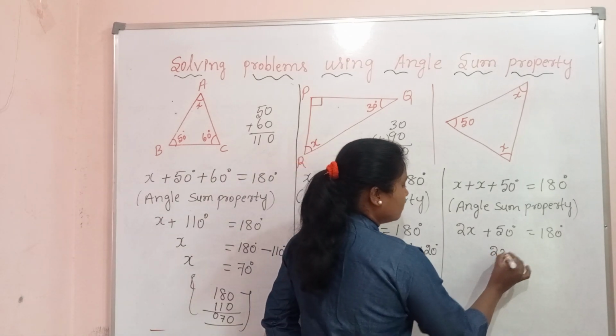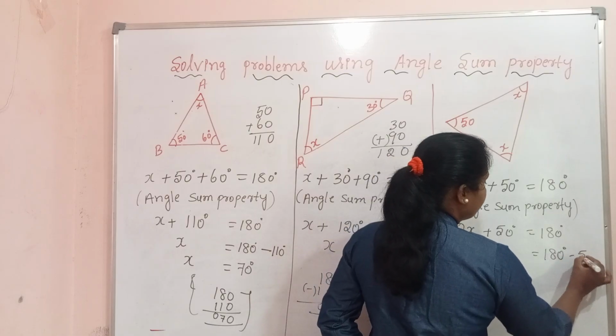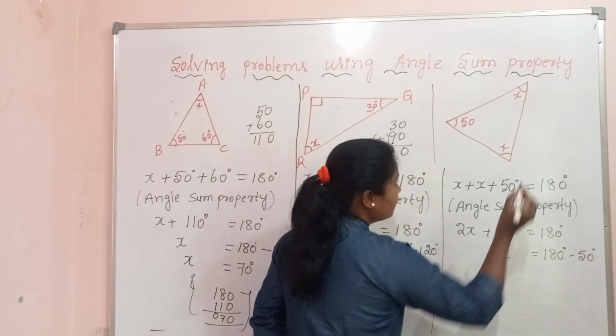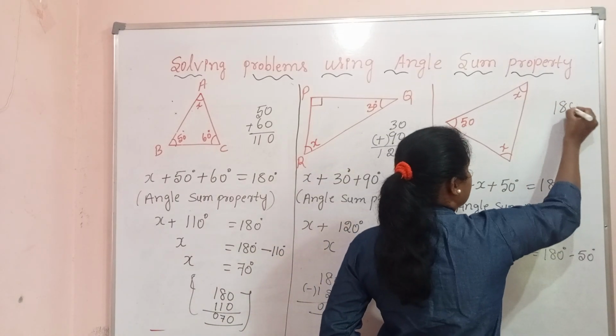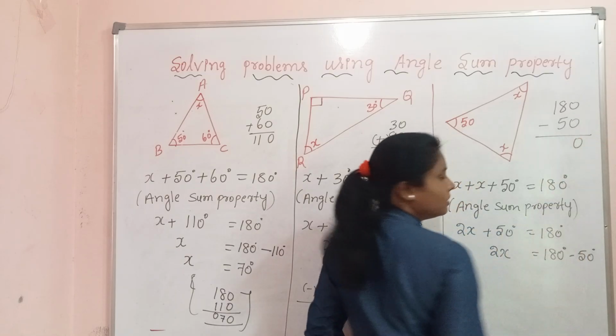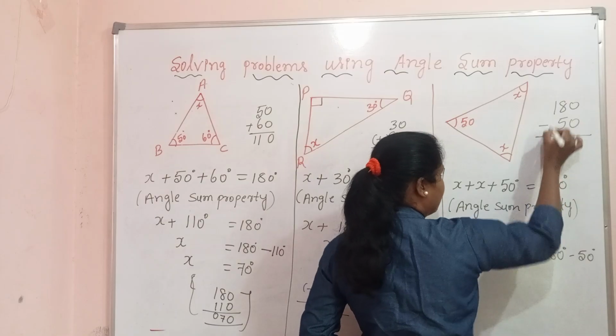2x equals 180 minus 50 degrees, so we subtract. 180 minus 50: 0 minus 0 is 0, 8 minus 5 is 3, 1 as it is.